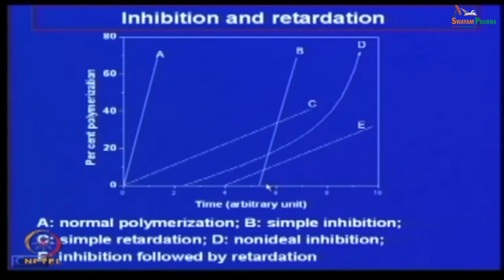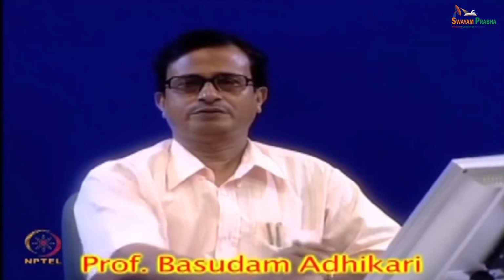Just you have to, in order to start the polymerization, you have to remove the inhibitor. After removal of the inhibitor, it starts polymerization, and this case E, inhibition occurs till this time, then retarded, growth is retarded. So, inhibition followed by retardation, and this is a non-ideal inhibition. So, this is what is called inhibition and retardation. Thank you.